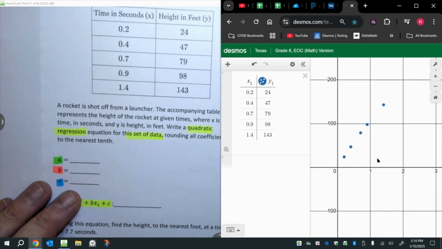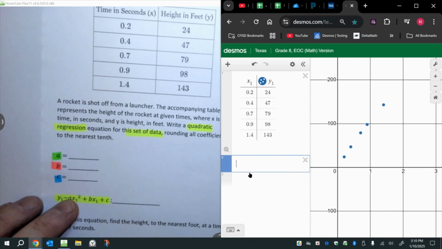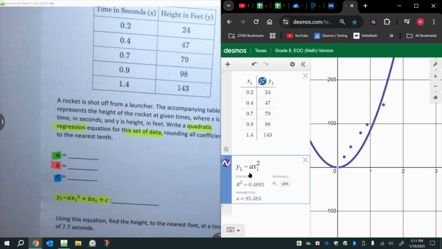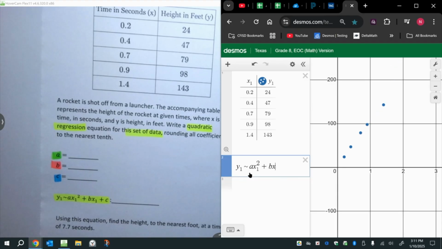All right, so let's type in our regression equation. So we have y1 tilde ax1 shift 6 squared arrow over plus bx1 plus c.